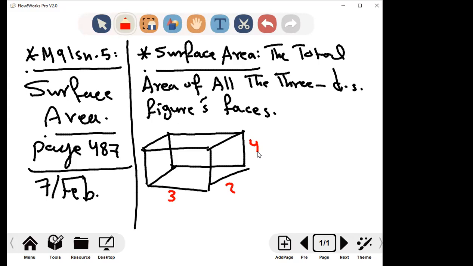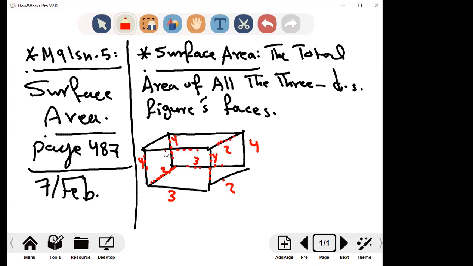6 areas, but how much is this line here? This line opposite to this line, so it is 2. How much is this line here? 3. How much is this line here? 4. And here 4. And here 4, right? And here 4. Up, how much is this line here? 2.